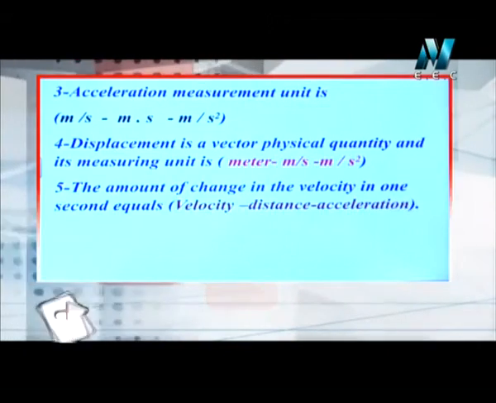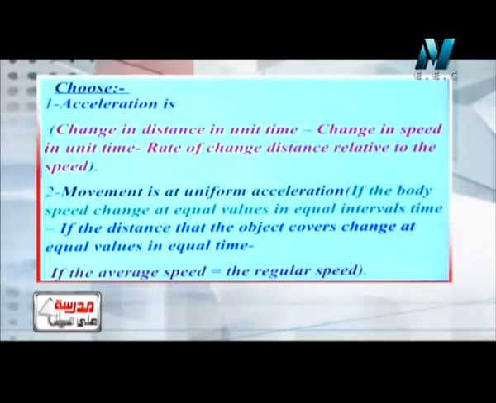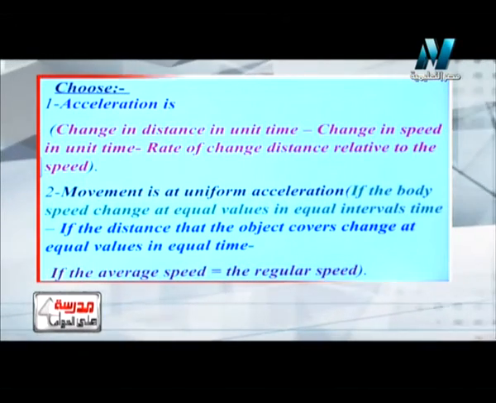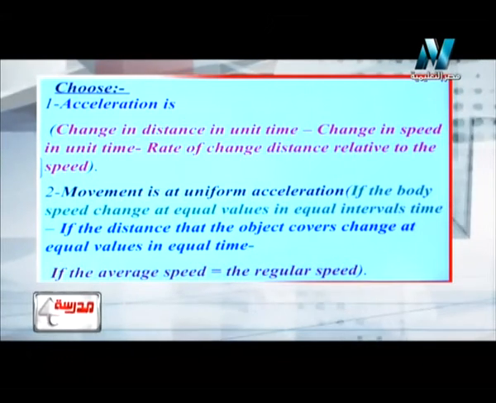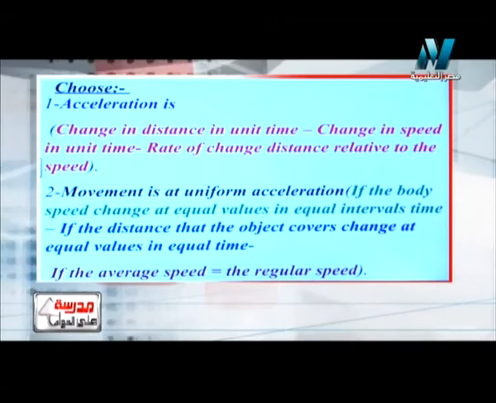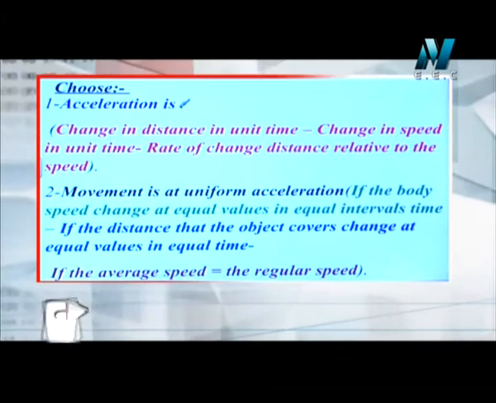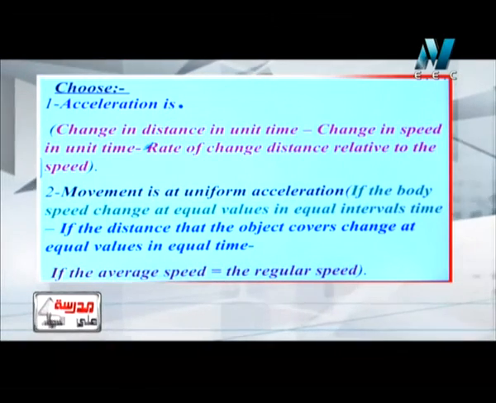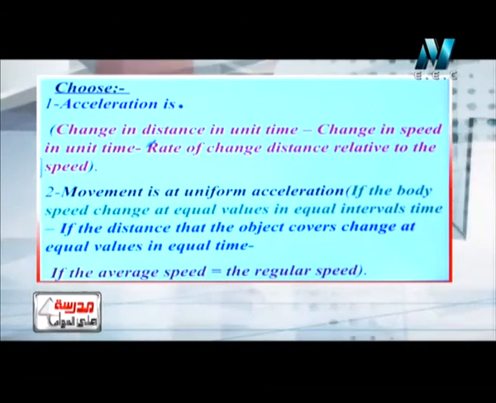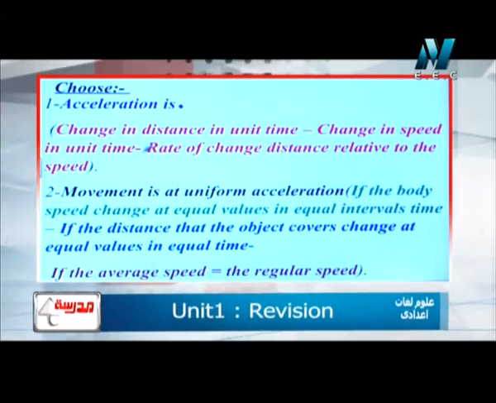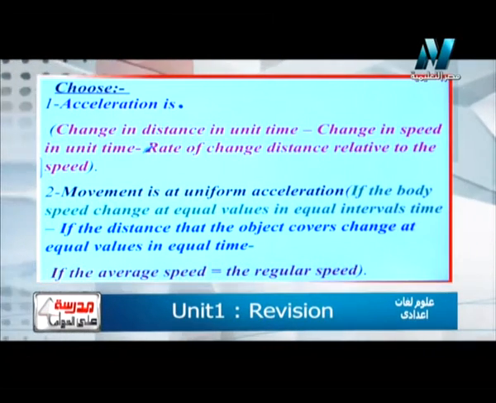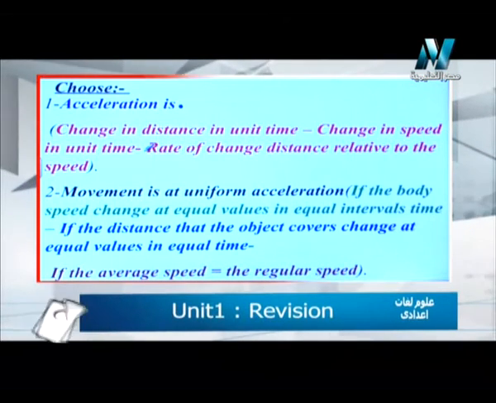Let's go to the next type of questions: choose the right answer. Here we talk about acceleration. Is it the change in distance in unit time, or the change in speed in unit time, or the rate of change of distance relative to speed? So how can we remember the definition of acceleration?